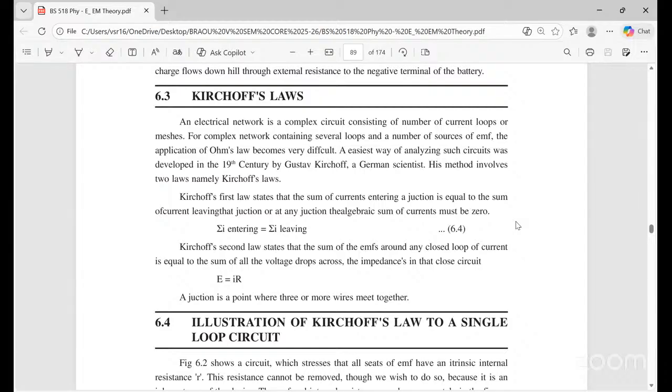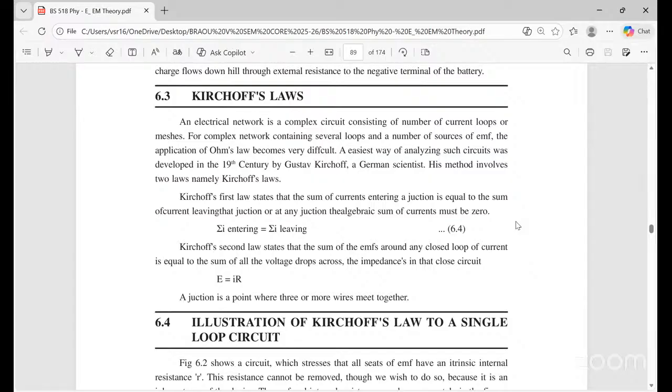Gustav Kirchhoff, a German scientist, developed two laws: one is KCL and the other is KVL. Kirchhoff's current law states that the sum of the currents entering a junction equals the sum leaving the same junction.